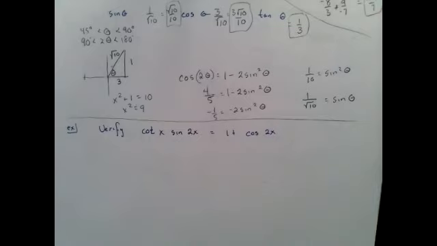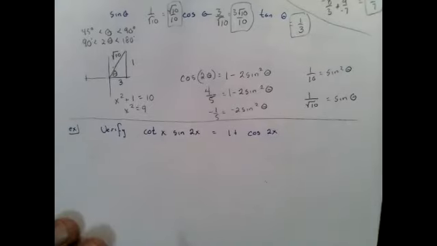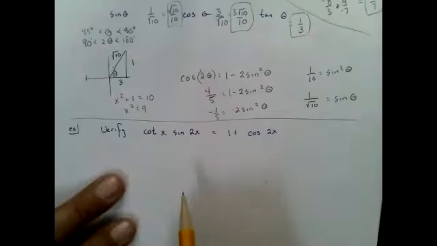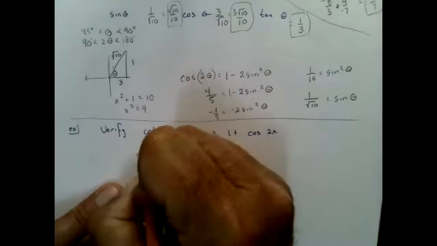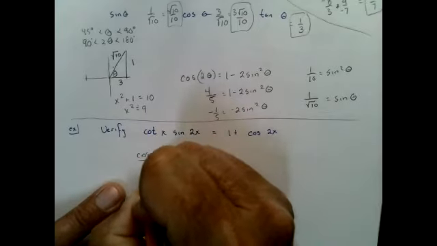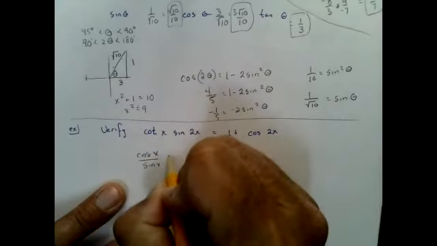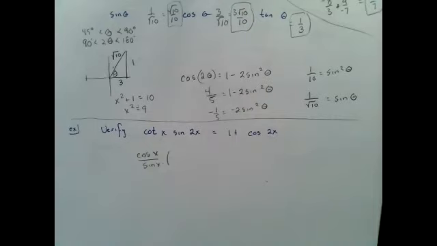What do you want to do on the left side? I want to verify it, so I need to start working on it. Would we start by writing it all in terms of sine and cosine? Yeah, I think that's what I would do. I agree. This guy is cosine of X over sine of X, and this guy is the sine of 2X.